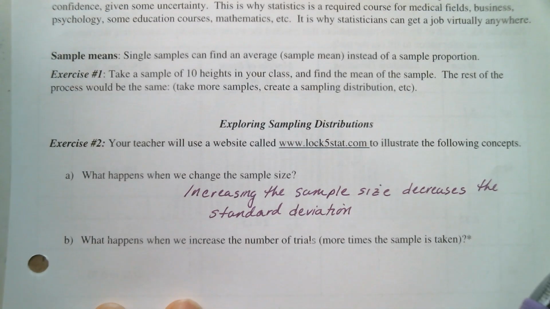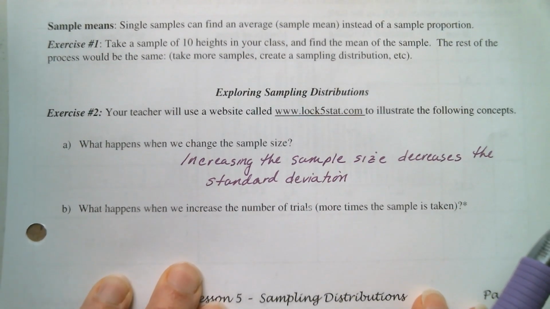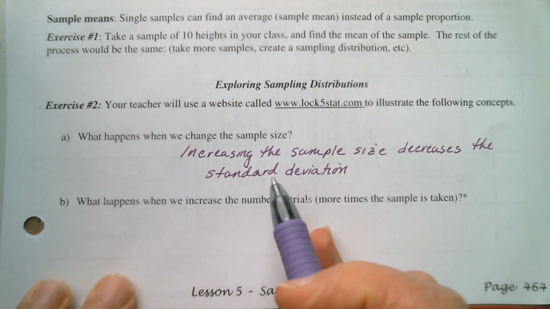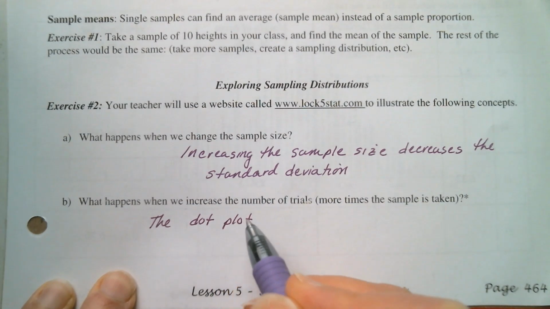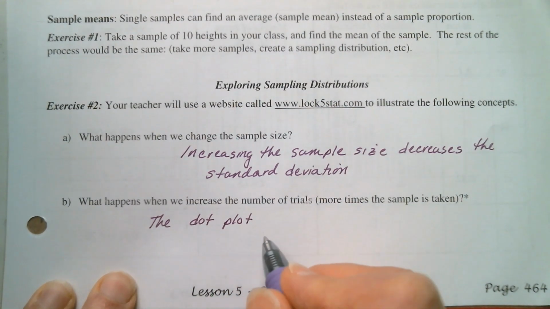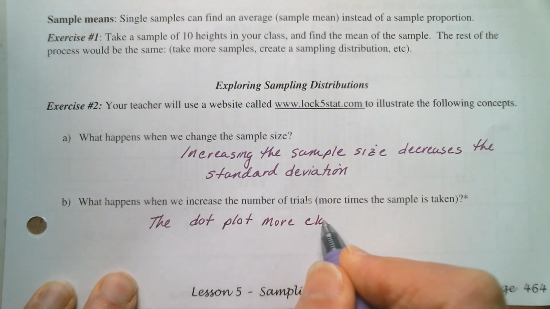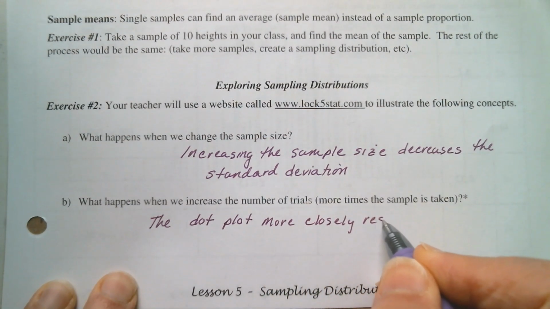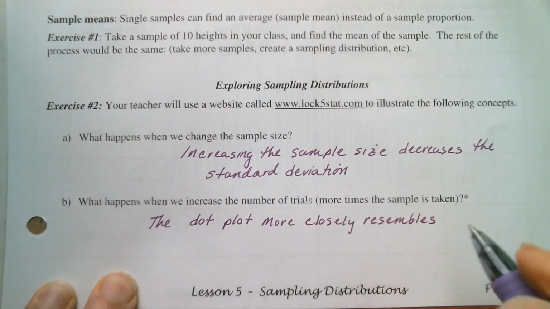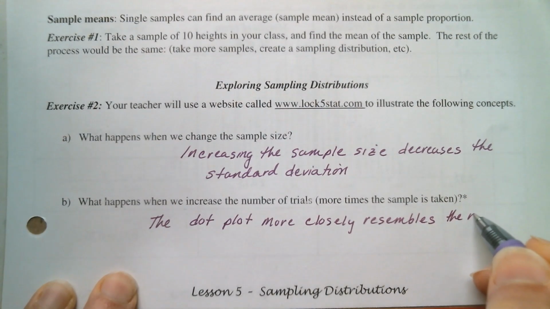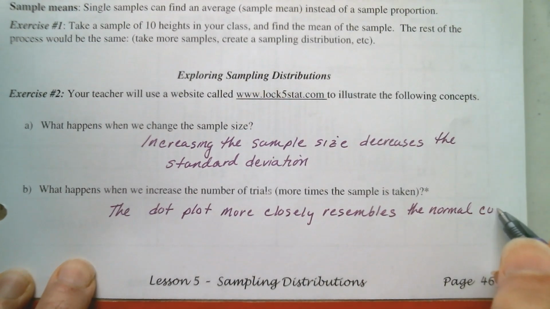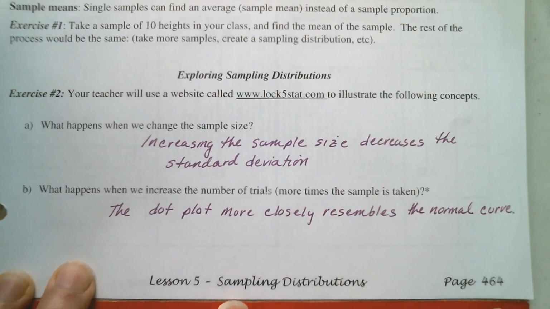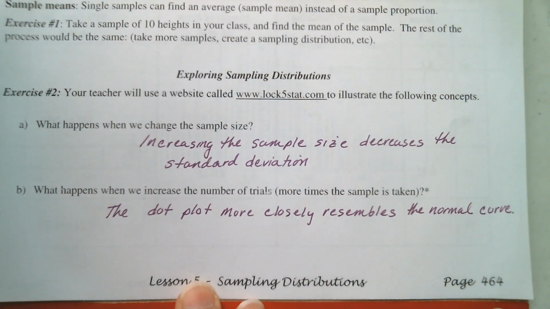What happens when we increase the number of trials or the number of samples that we take? The dot plot more closely resembles the normal curve. It does not matter if the original data was normally distributed. This will always happen.